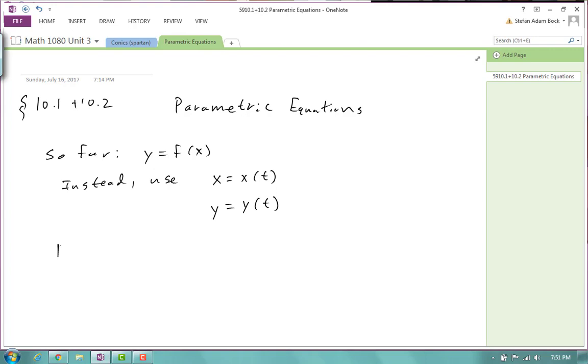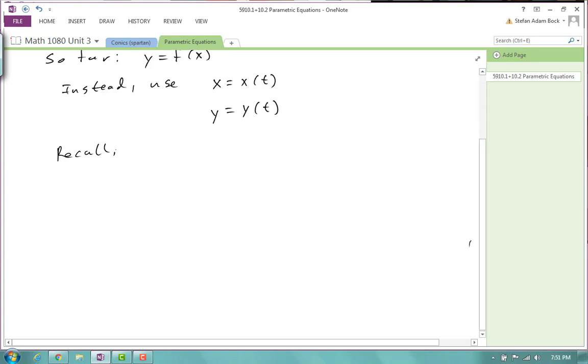Because if you recall, sine of x is defined to be the y-coordinate of the circle when intersected with the angle of x.